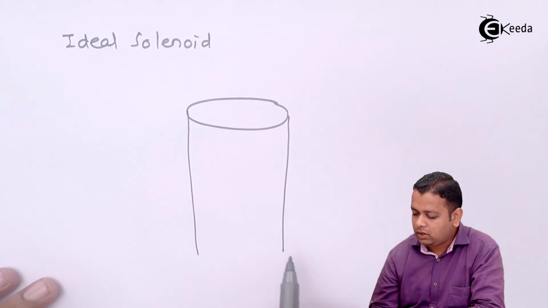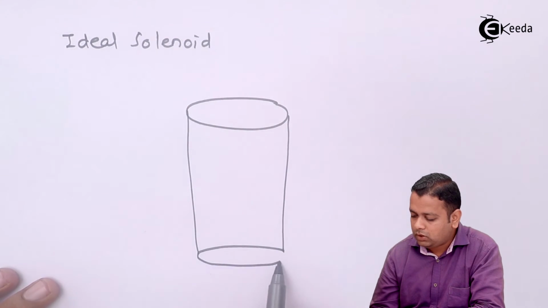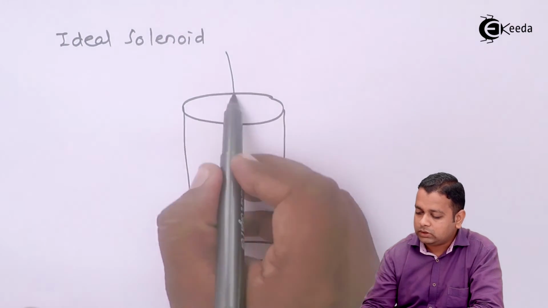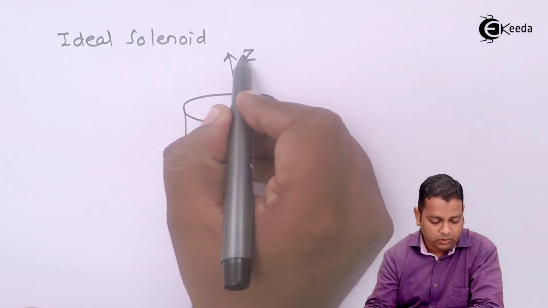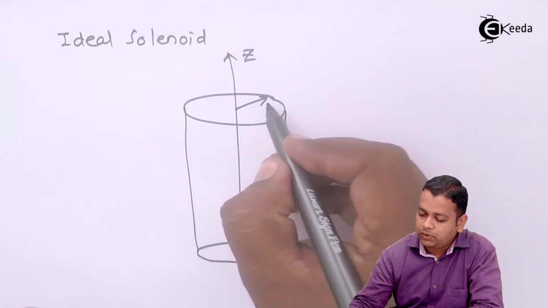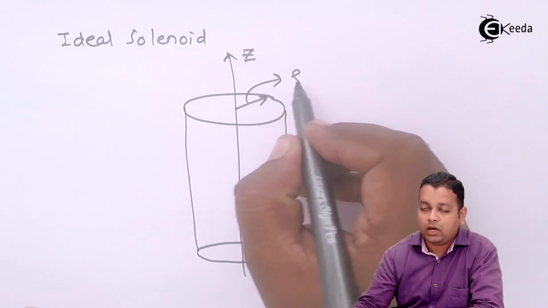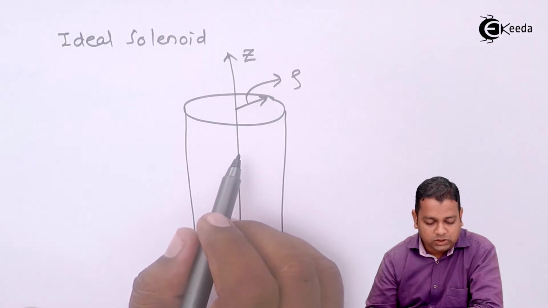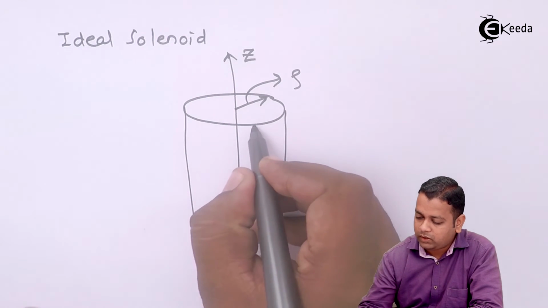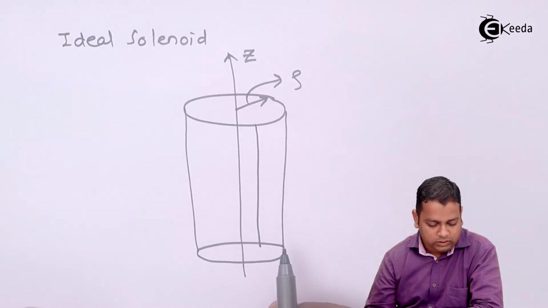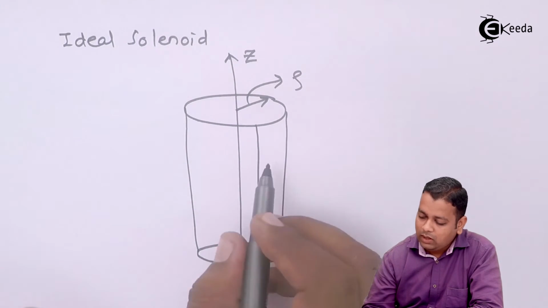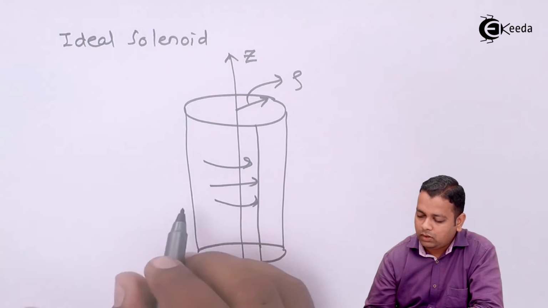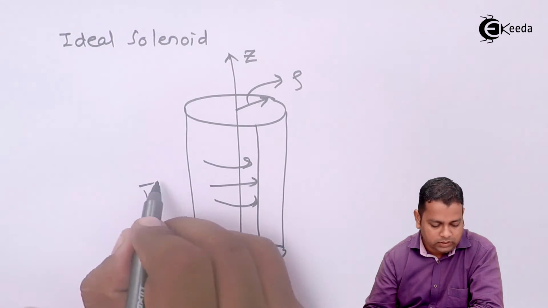So a cylindrical type of solid body of conductive material, you have to consider here the central axis will be the z axis, the representation of radius by the symbol rho, a you take. Now the cross sectional length you have to take into consideration, and we have to represent the current density, that is K bar.